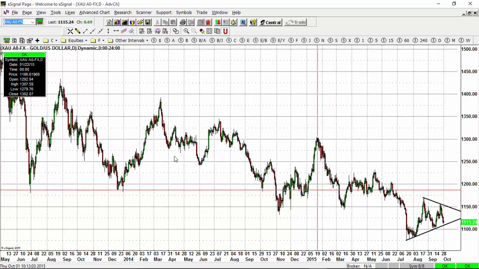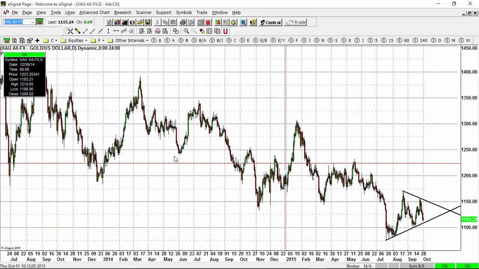The market entered the consolidation pattern in a downtrend, and the rule is that it would leave again in a downtrend, 70-80% of the time. That's not anything official. It's from my observations and from other technical analysts that study these markets.